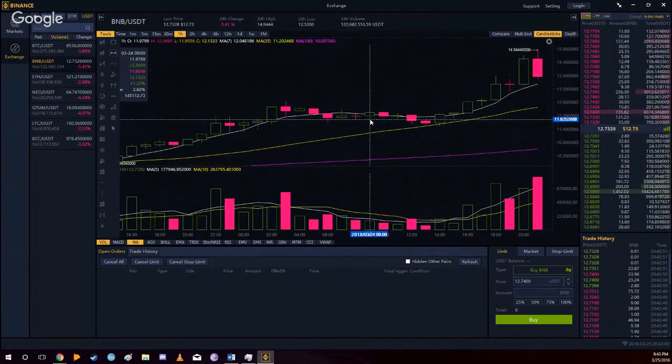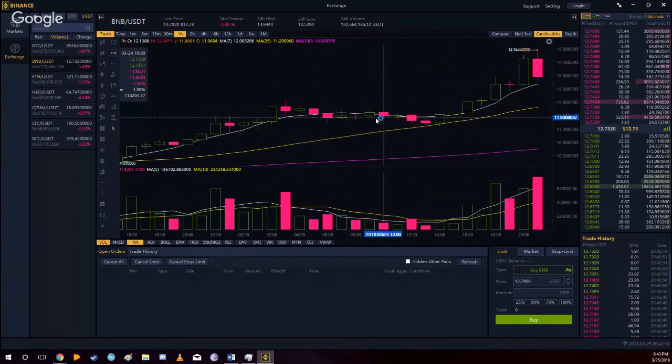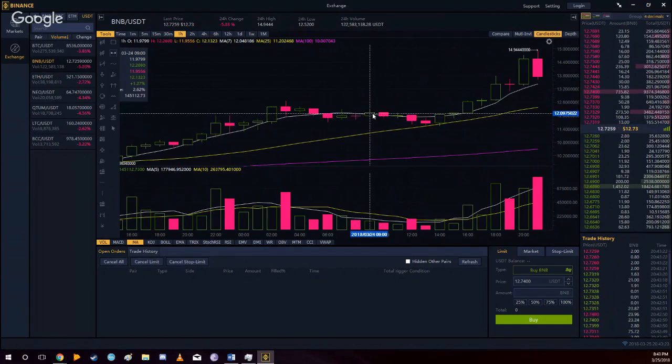So if the previous 3 candles are a good indicator, I would buy. I would place an order around here and wait for it to bounce to MA7.